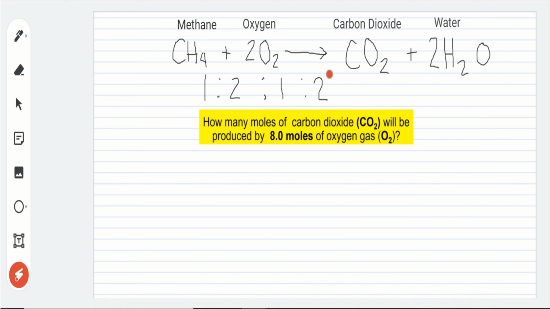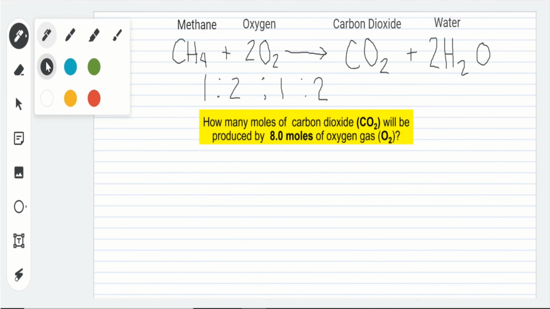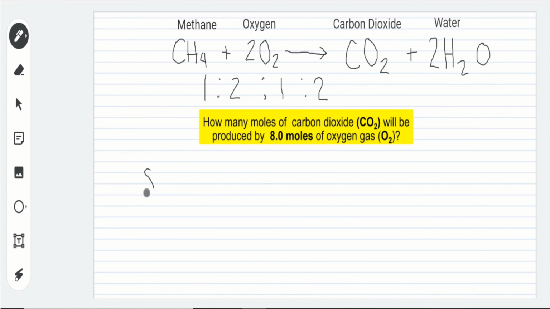Okay, so what we have to do next is, of course, we will be writing the known or the given here. So we have 8.0 moles of oxygen gas. And again, we have to multiply it to our ratio here.